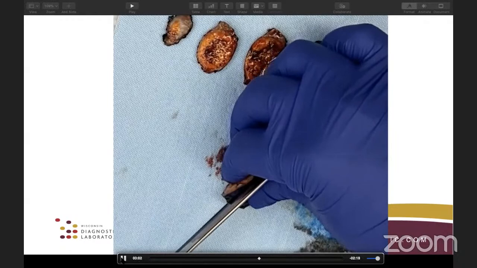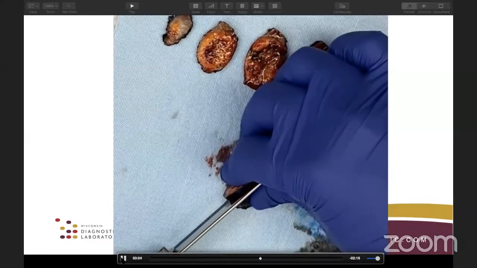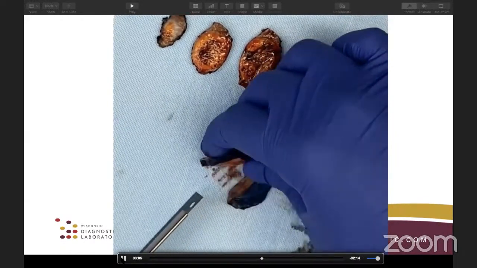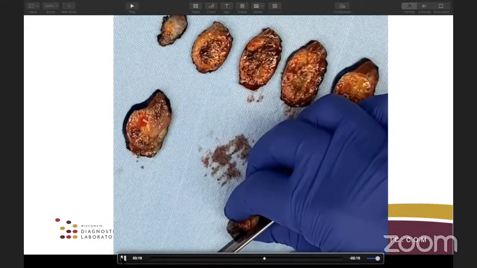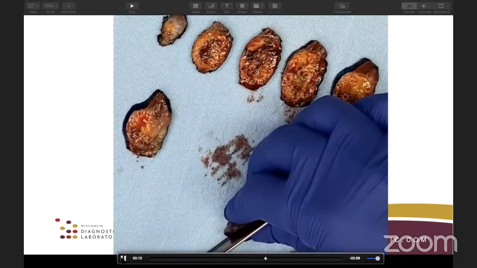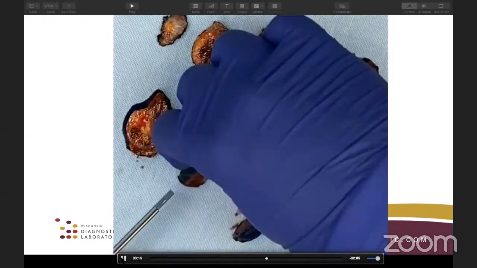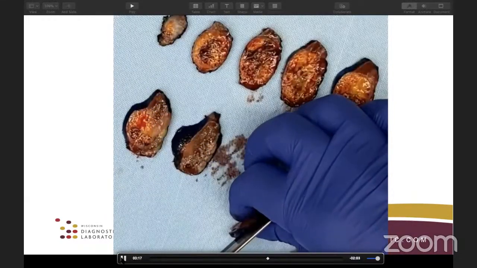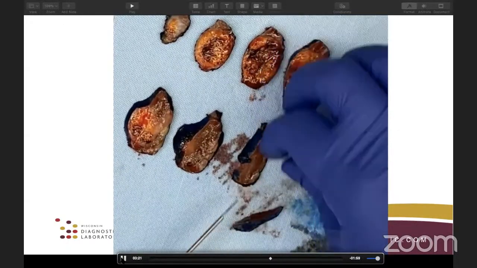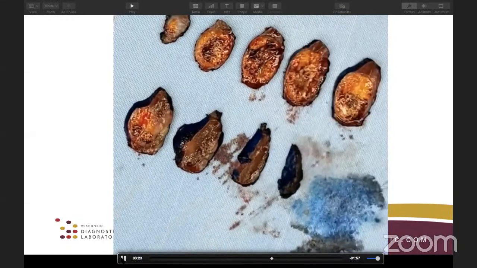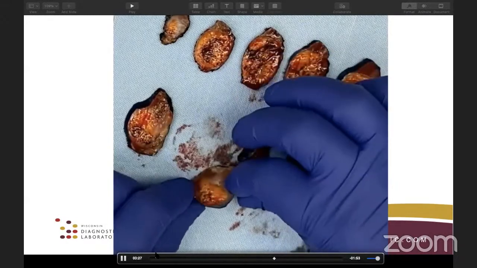And you can see this tumor takes up most of the specimen, and it does get very close to both the capsule and the resection margin. All right, and then there's a little bit of normal parenchyma there at the end.